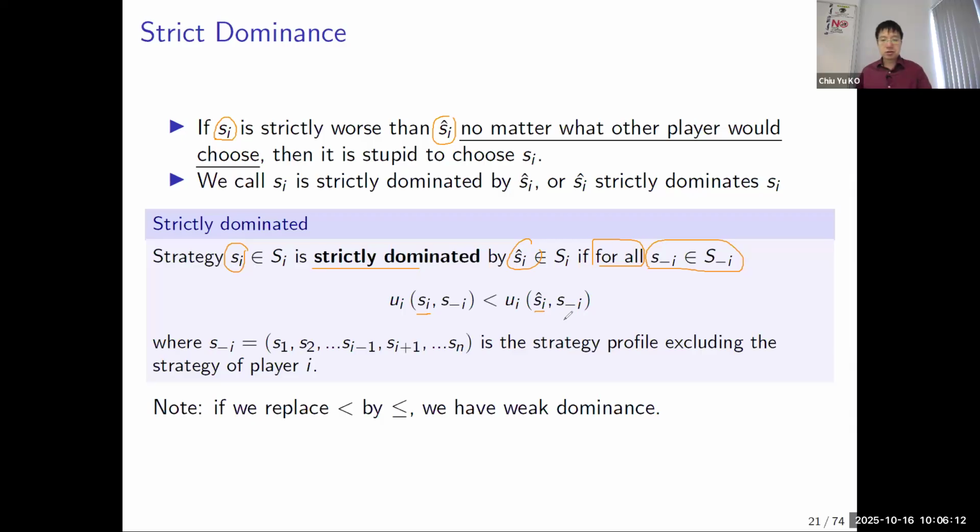Okay, so I do notice that there's a very technical thing here. If you change this to less than or equal to, okay, it is not always true that the weak dominance is something we want. Okay, because something is equal but sometimes worse off. But if you think that it's still okay, right?